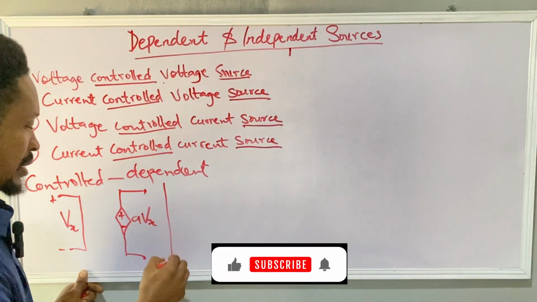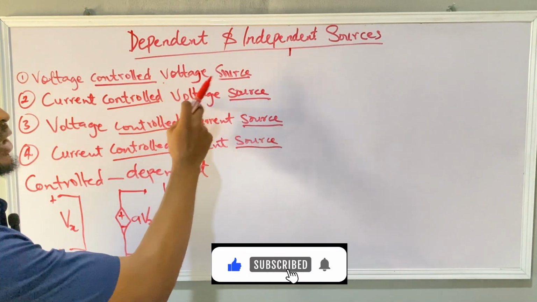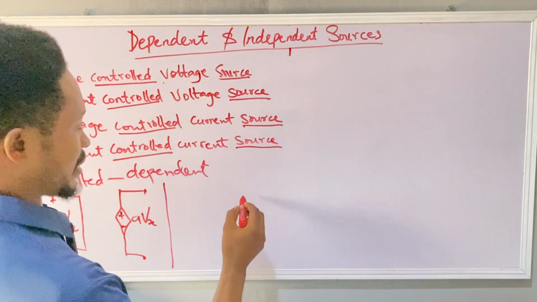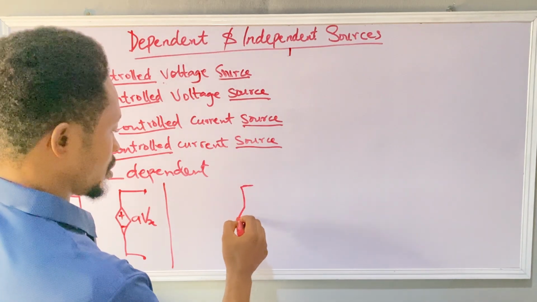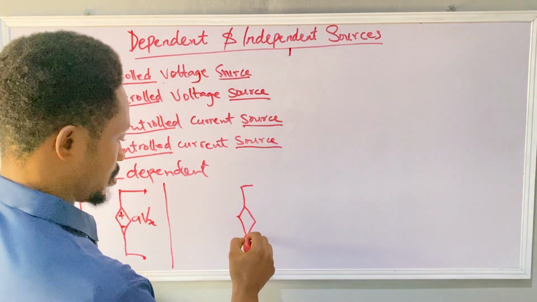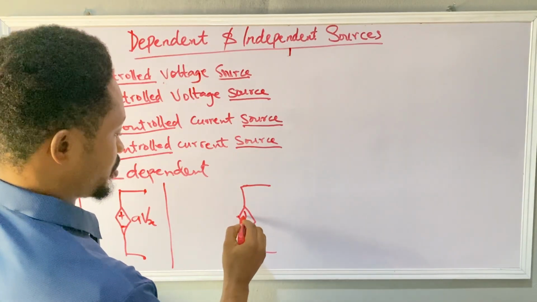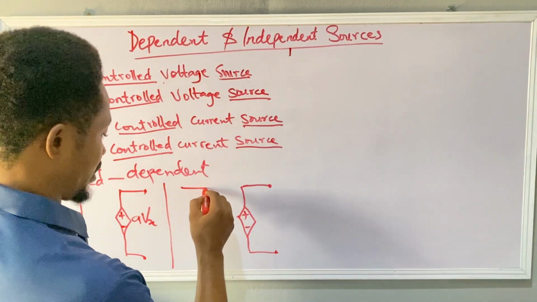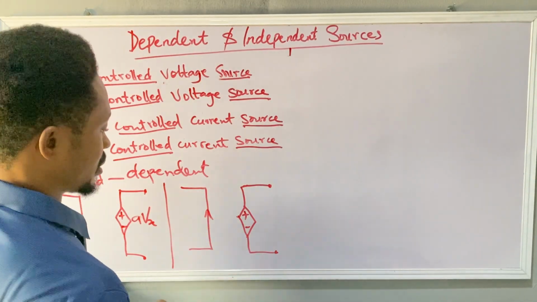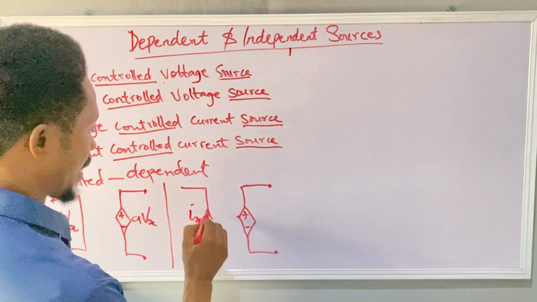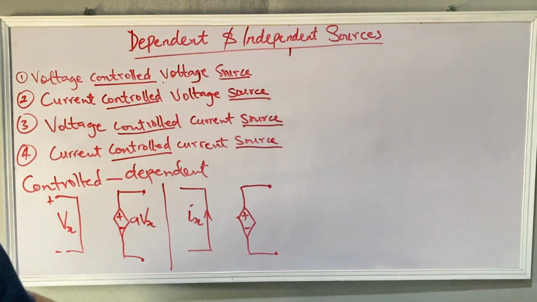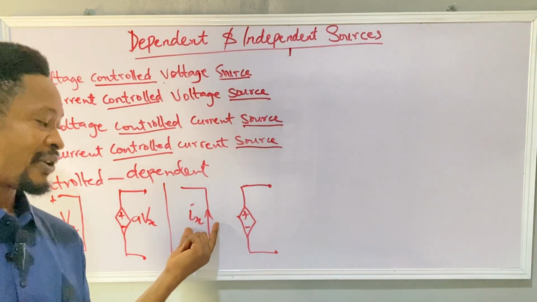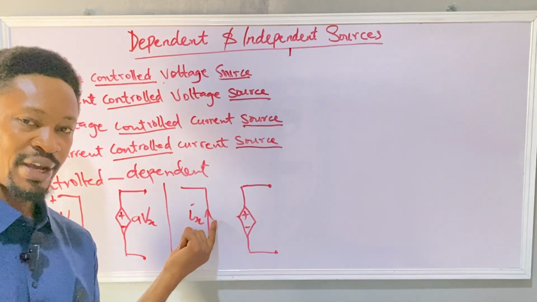The next one is current controlled voltage source. Voltage is still our source. This is positive, this is negative. And then we have another circuit. This is current. We can call this Ix. So this is a voltage source that is depending on another current somewhere.